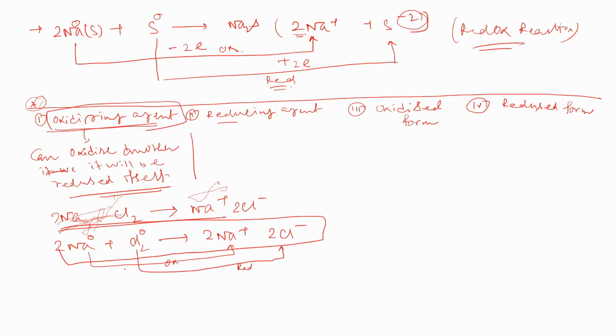In this chemical reaction, which is the oxidizing agent? The oxidizing agent can oxidize, and it will be reduced itself. So it is itself reduced. That means reduced is the term here, and reduced means gaining of electrons.